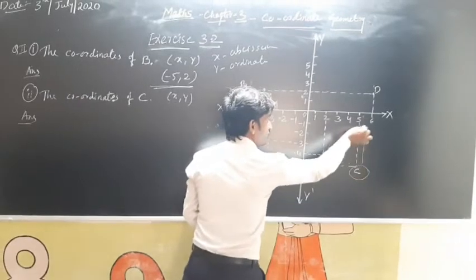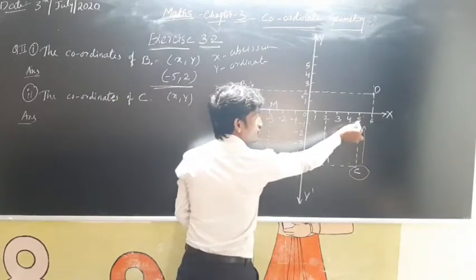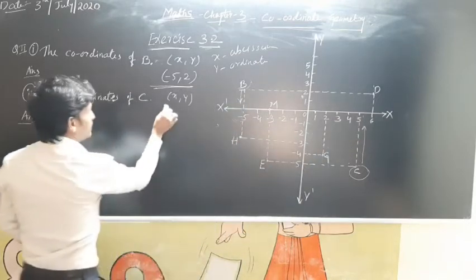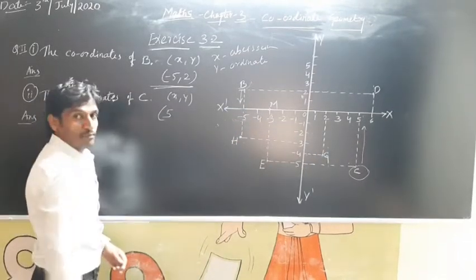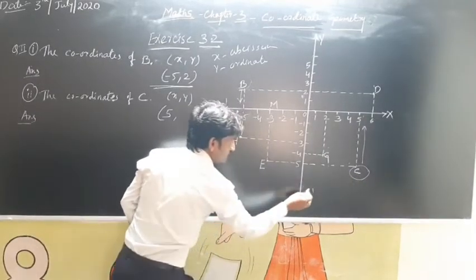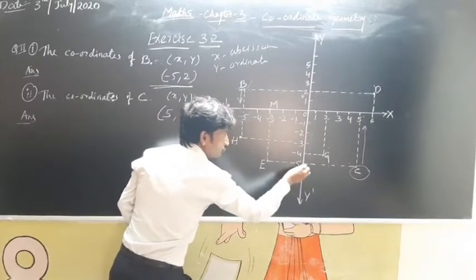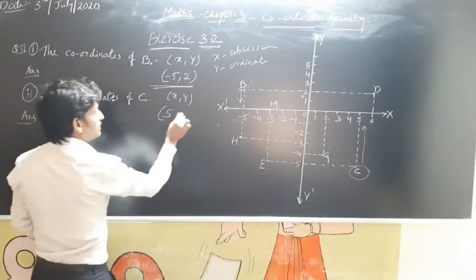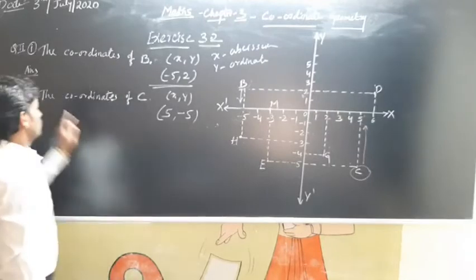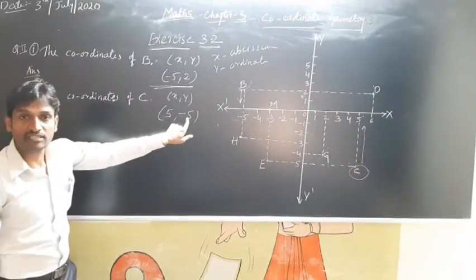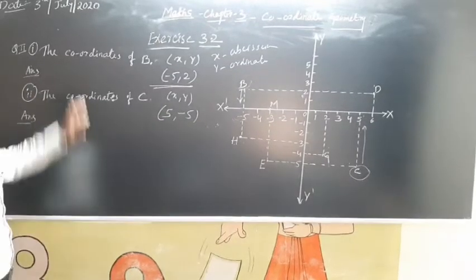From this, if I go towards the x-axis, it touches 5, and this is +5. So I'll write the answer. X-axis +5, that is only 5 here. And from this, I'll move towards the y-axis, and it also touches here, which is -5. Okay, -5. So the coordinate of C is 5, -5. So these are your first and second.